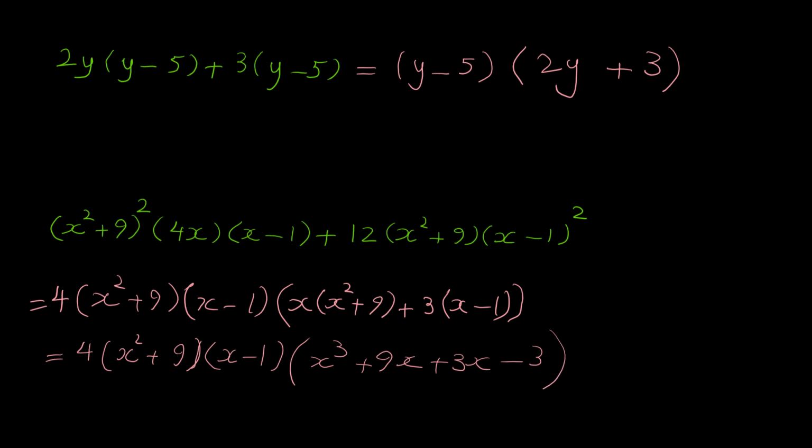And in this expression, if you pay attention, you can write this as x to the 3 plus 12x minus 3, because if you combine these two similar terms, they are like terms. 9x plus 3x is 12x. And this is the final answer.